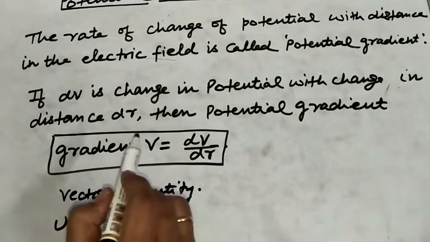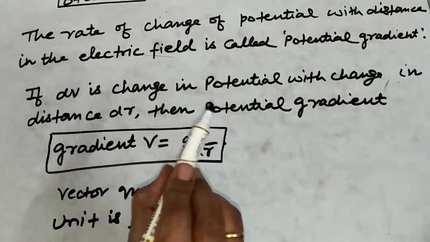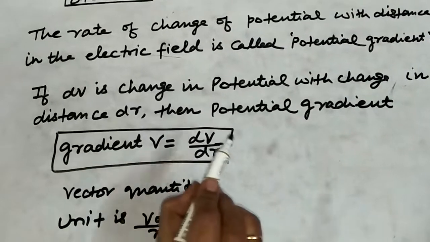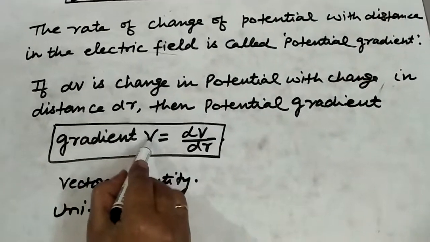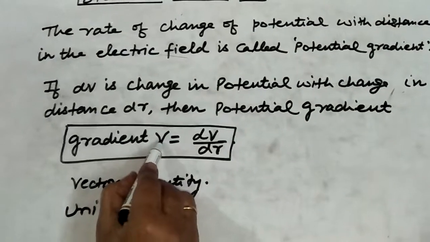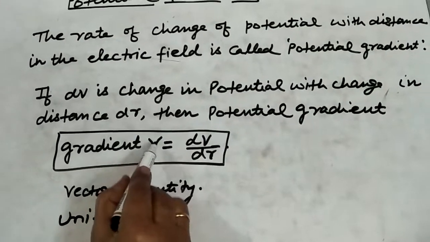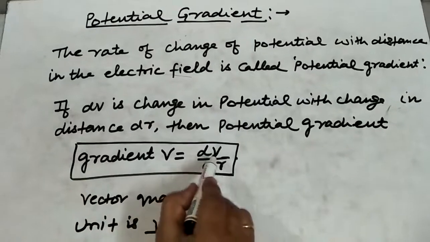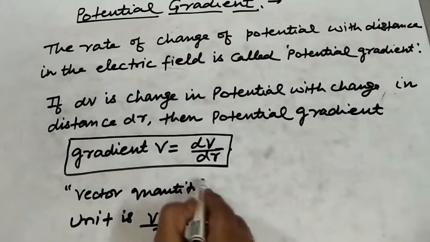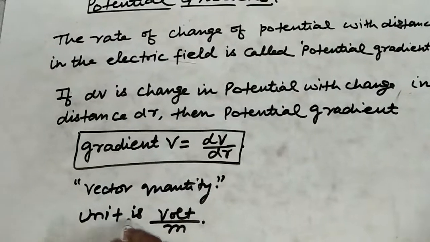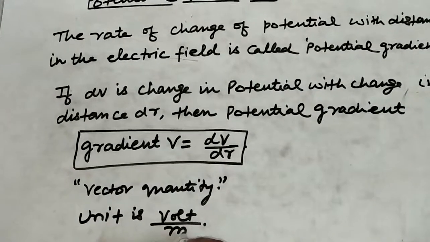Always remember this, the gradient of a scalar quantity is always a vector quantity. So electric potential is a scalar quantity, and when you take its gradient, the gradient of V is dV upon dr, which is a vector quantity, and its unit is volt per meter.